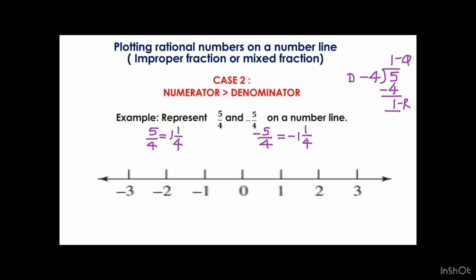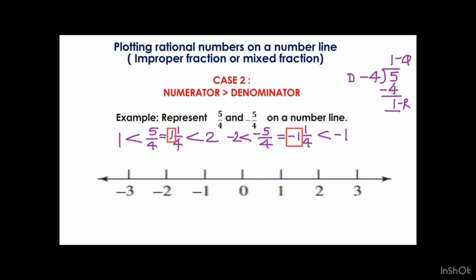In the mixed fraction 1 1 by 4, the whole number part is 1. Therefore, 5 by 4 lies between 1 and the next whole number, that is 2. And in minus 1 1 by 4, the whole number part is minus 1. Therefore, minus 5 by 4 will lie between minus 1 and minus 2.